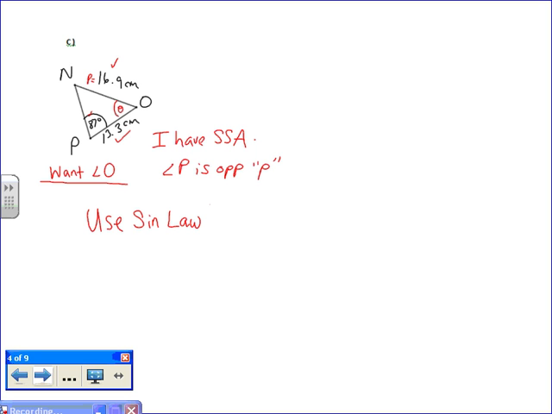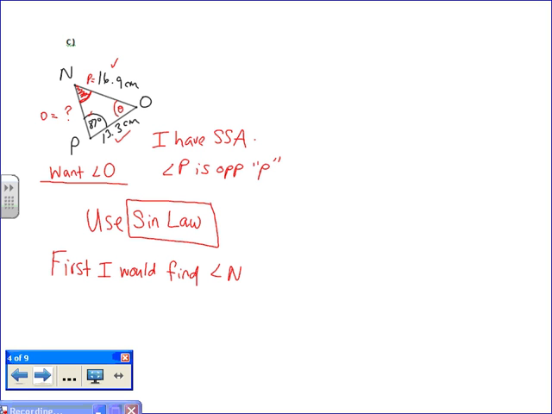But this is a bit of a tricky one, because if I'm looking for angle O here, notice that I don't have the side across from angle O. I don't have side O right now. So if I were to solve this question, first I would have to find angle N, so that I would then be able to easily find angle O, because I have side length N, which is 13.3.